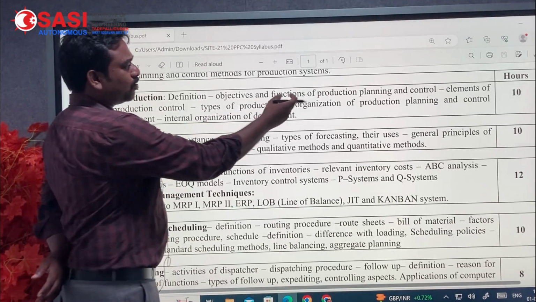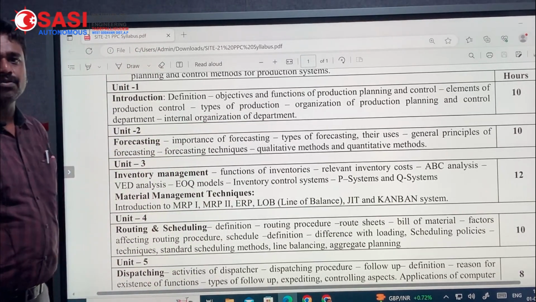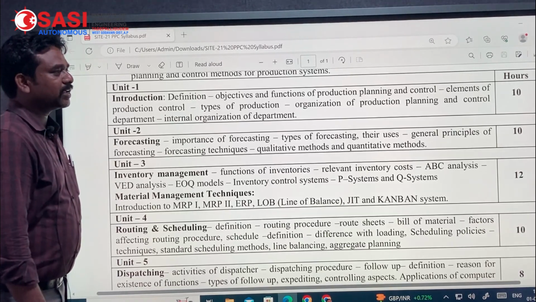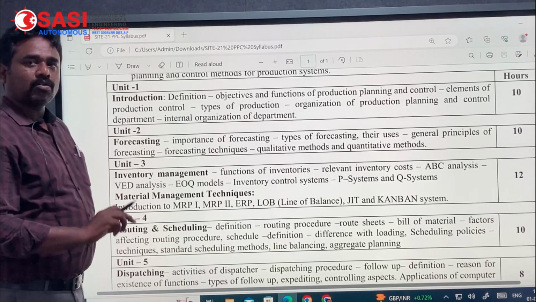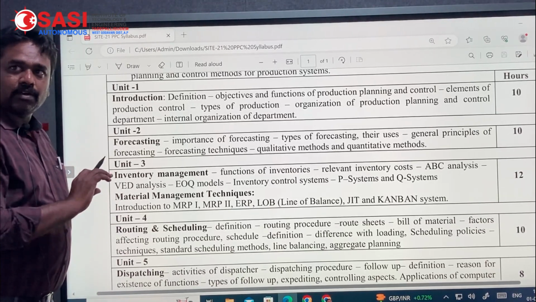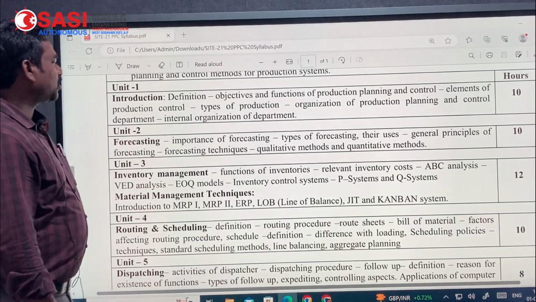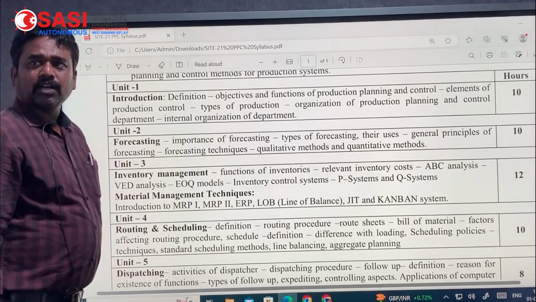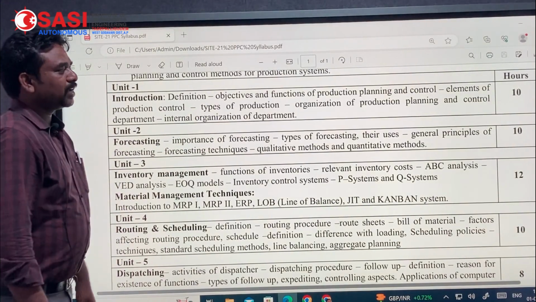Next, how the organization structure looks, right from the hierarchy. If you consider the hierarchy of a system, how does this organization structure look, and in that, what is the organization structure of the PPC, and what are the various internal departments included in the production planning and control department?